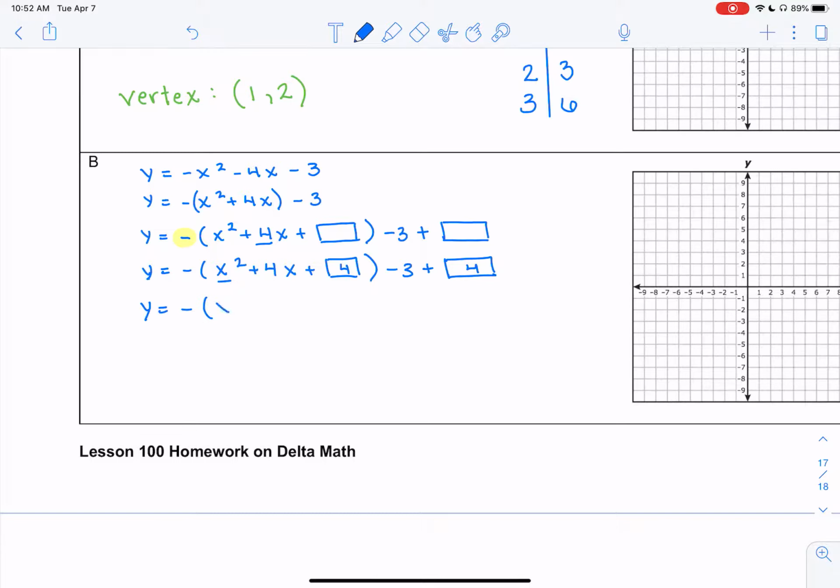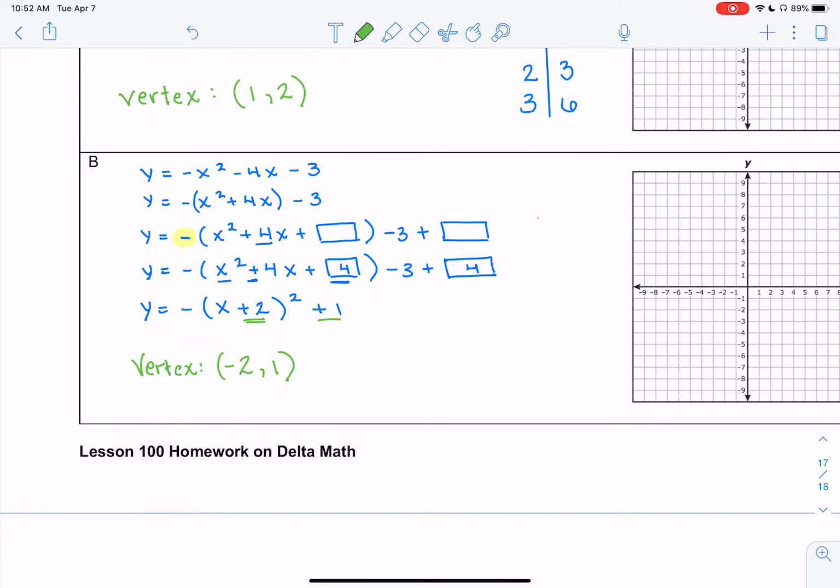First number square rooted, sign from the middle number, last number square rooted, and then outside a minus 3 plus 4 becomes a plus 1. Vertex form, I take the opposite of the x, so that's now negative 2. Take the y as it is, I get negative 2 comma 1.